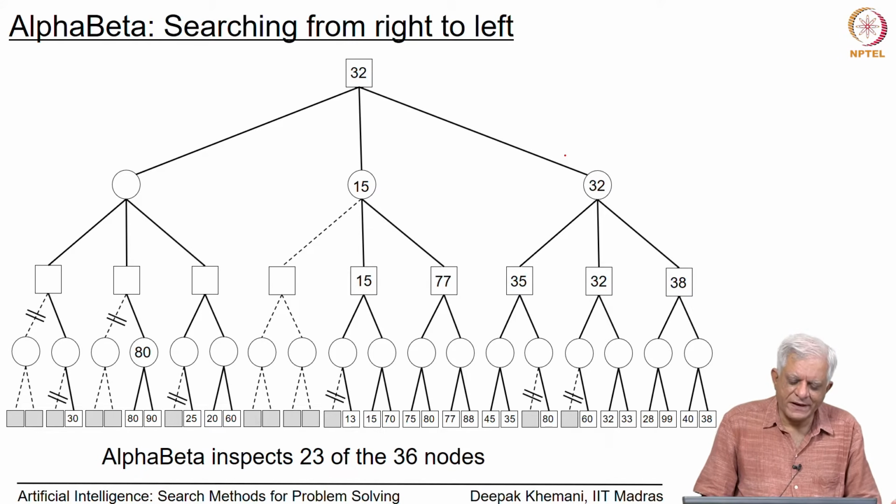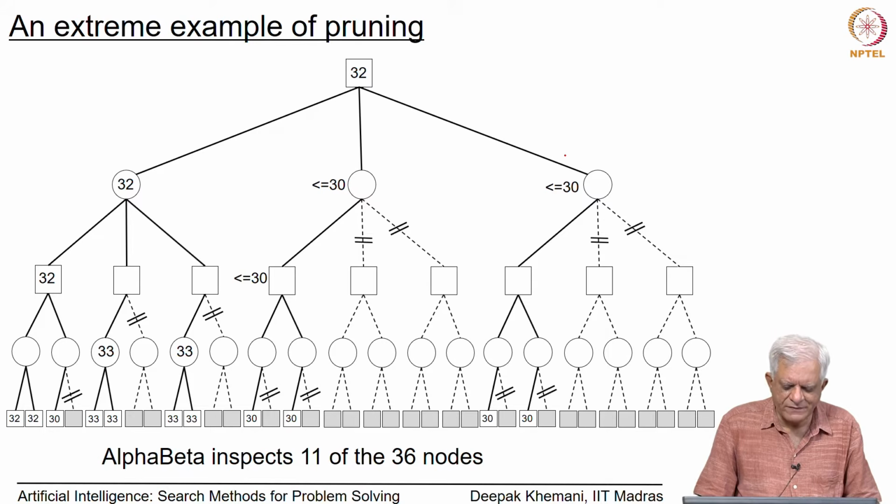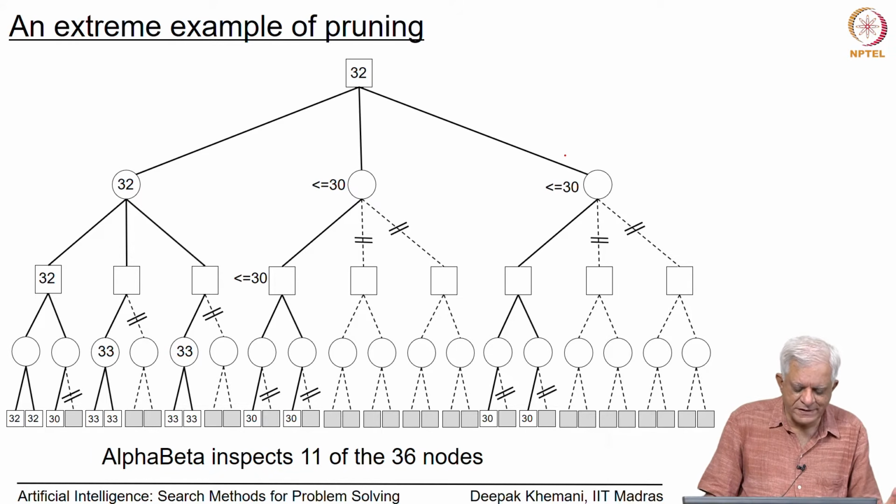Now, a question that you might ask is, what is the maximum number of cutoffs which can take place in any given tree? And to look at this question, here is an example of a contrived game tree in which the values are chosen such that at every possible juncture there is a cutoff.